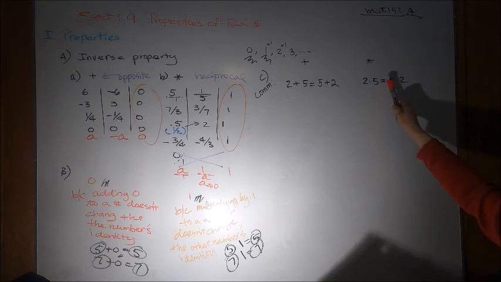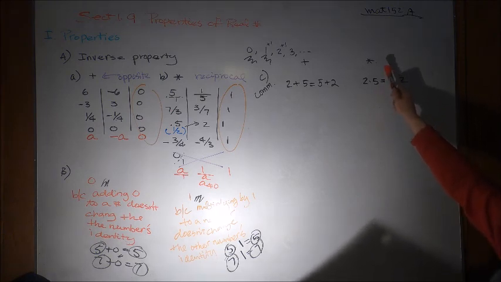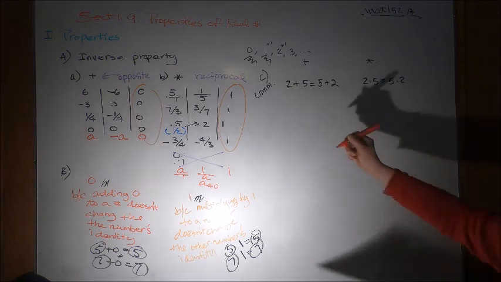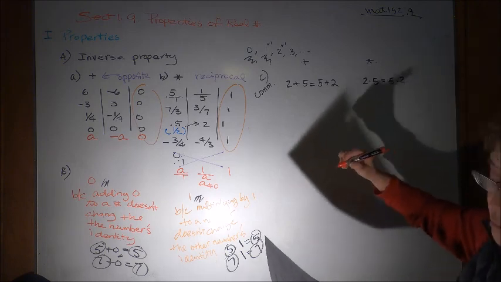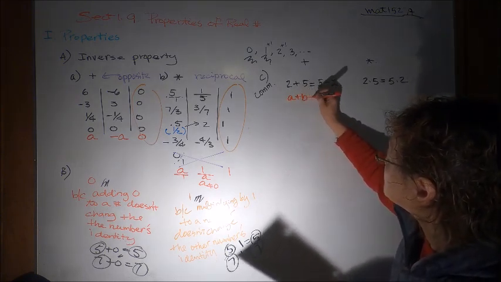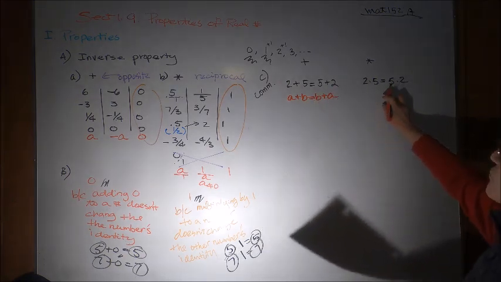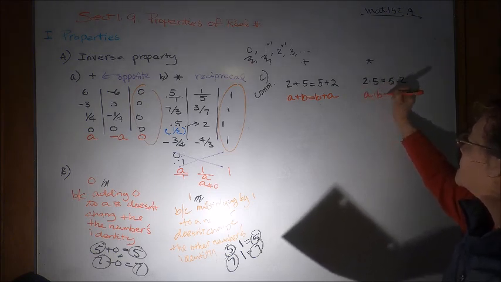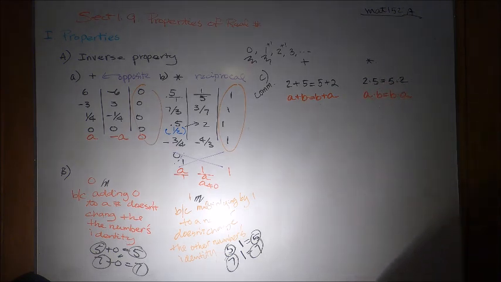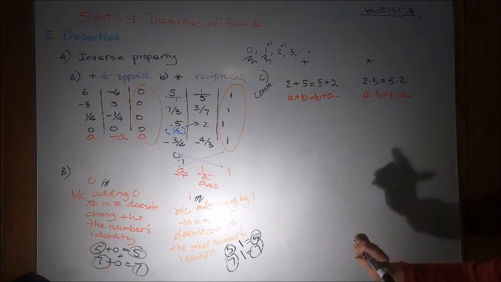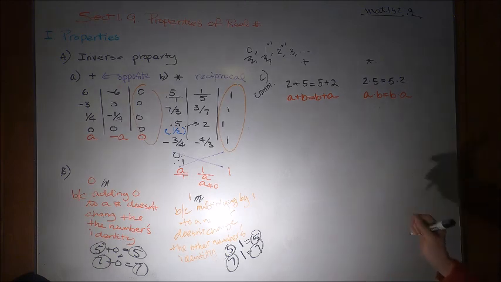This one is the commutative property of the what? Multiplication, right? The thing we want to learn is the algebra, which is what? A plus B equals B plus A, right? And for multiplication, you will have what? A times B is B times A, okay? So numbers can be interchangeable, but not for subtraction and division, right?